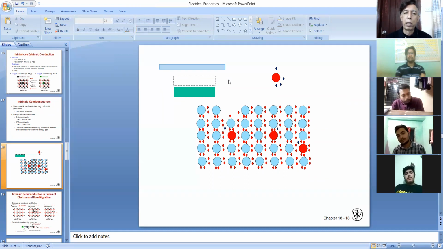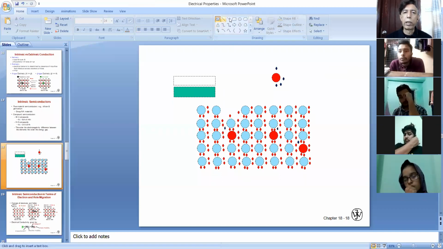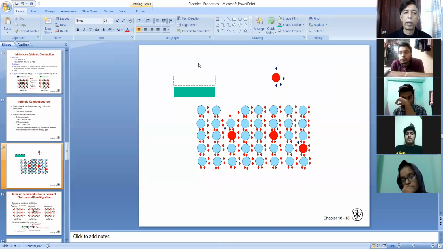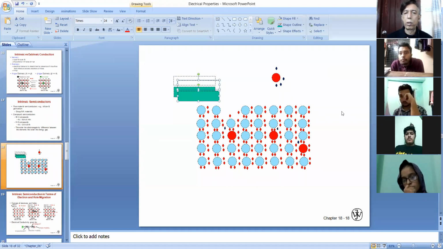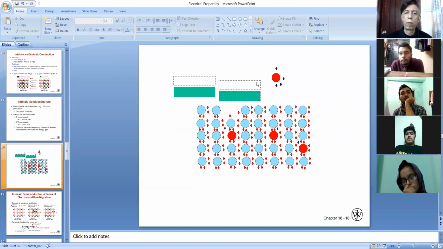But in case of silicon, say, for example, this is silicon. The band gap is like that.